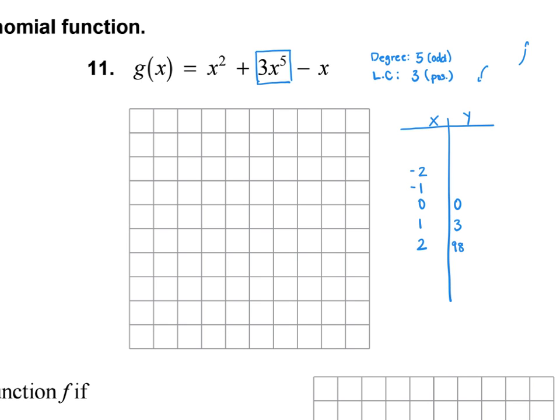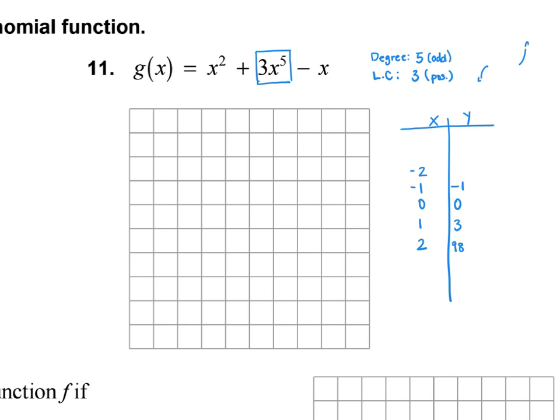If we plug in negative 1, squared is 1. Negative 1 to the 5th power is negative 1 times 3 is negative 3. Negative 3 plus 1 is negative 2. Negative 2 minus a negative 1 is negative 1. And if we plug in negative 2, squared is 4.